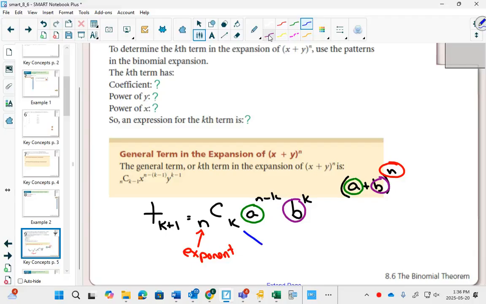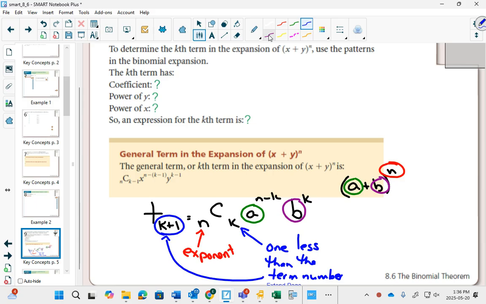And the k is always 1 less than the term number, because there's a k plus 1. That's your term number. If I wanted to find term 7, well, something plus 1 equals 7. K would have to be 6.